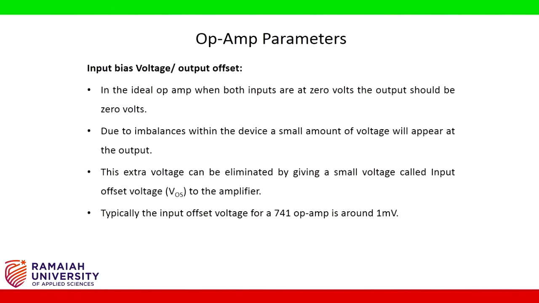Due to imbalances within the device, a small amount of voltage will appear at the output. This extra voltage can be eliminated by giving a small voltage called input offset voltage VOS to the amplifier. Typically, the input offset voltage for a 741 op-amp is around 1 millivolt.